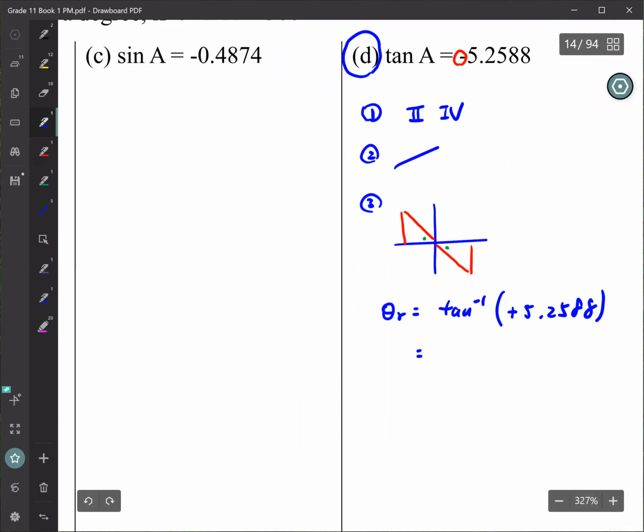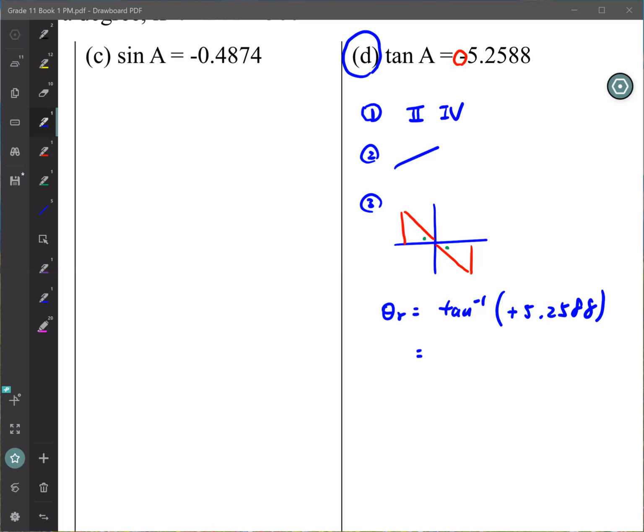So everyone, please type it in. Get a number and raise your hand. Let me know when you get the answer for the reference angle. Please round it to the tenth. Taking too long, okay?